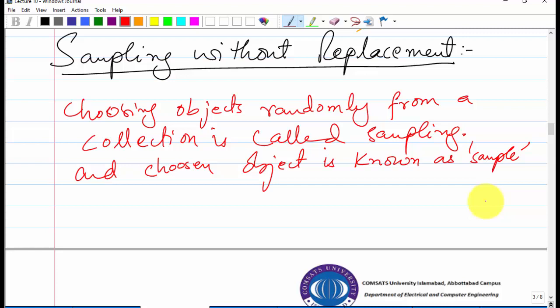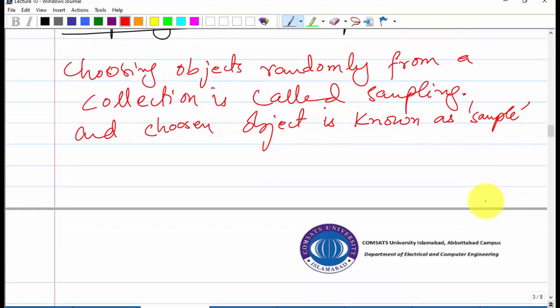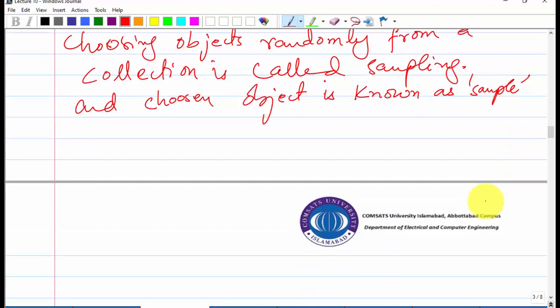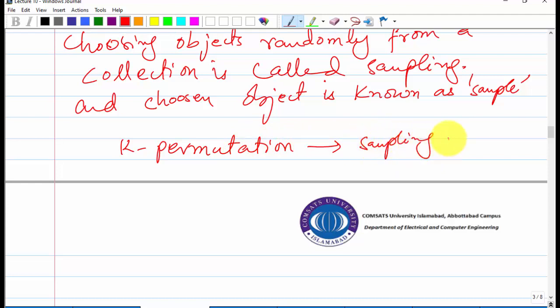So sampling k permutation, as we have seen, is the sampling without replacement. So k permutation, so far we have seen, is sampling without replacement.